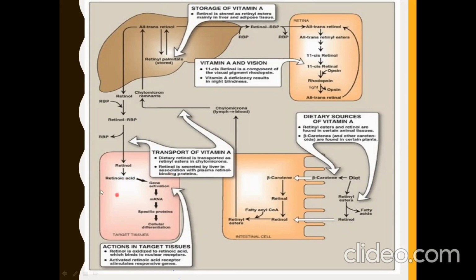This retinoic acid in the cell is recognized by the two nuclear receptors, which in turn bind to the response elements of the gene, which causes the activation of the gene, resulting in transcription of the mRNA, ultimately translation of the necessary proteins needed for cell growth and differentiation.